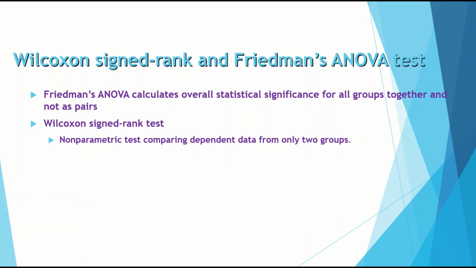And to find out that, you can do it through two methods. The Friedman ANOVA test can be followed by either the Wilcoxon signed rank test, which I described previously, or the post hoc test. The Wilcoxon signed rank test is a non-parametric test comparing dependent data from only two groups.